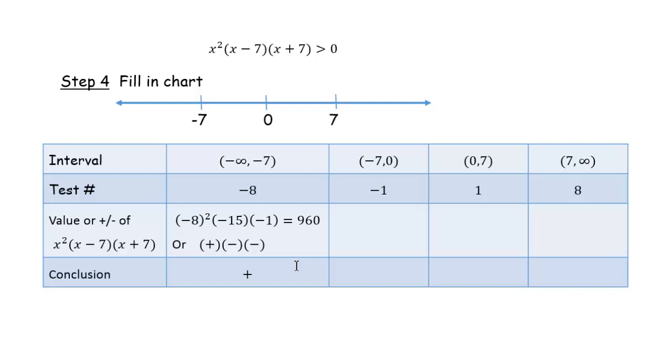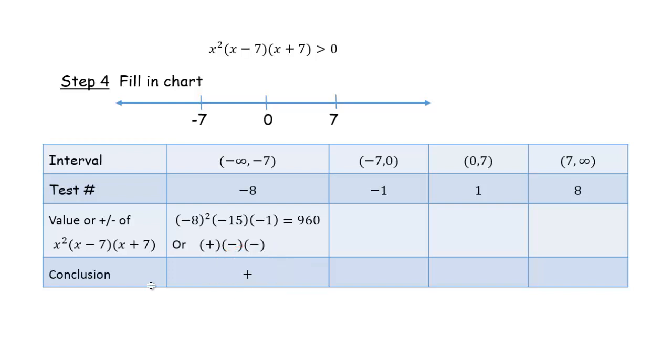So I think a quicker way to do this would be to plug negative 8 into the first factor. When we square it, we get a positive. Plug negative 8 into the second factor, x minus 7. That's going to be a negative number. And then plug negative 8 into the third factor. That's going to be a negative number. So I'll have the product of 2 negatives and 1 positive, giving me a positive number.